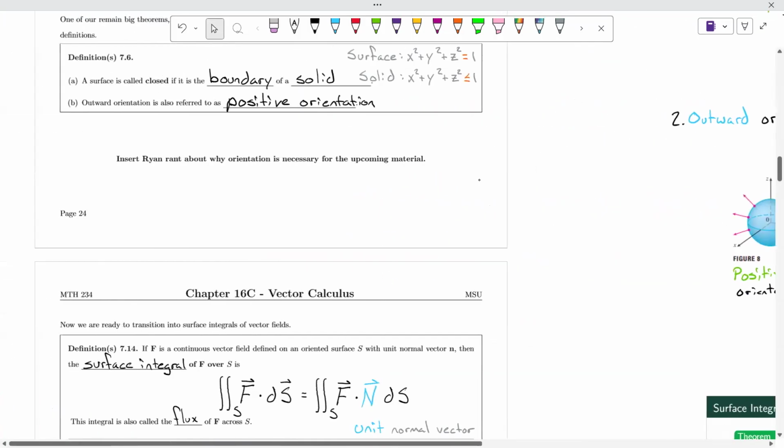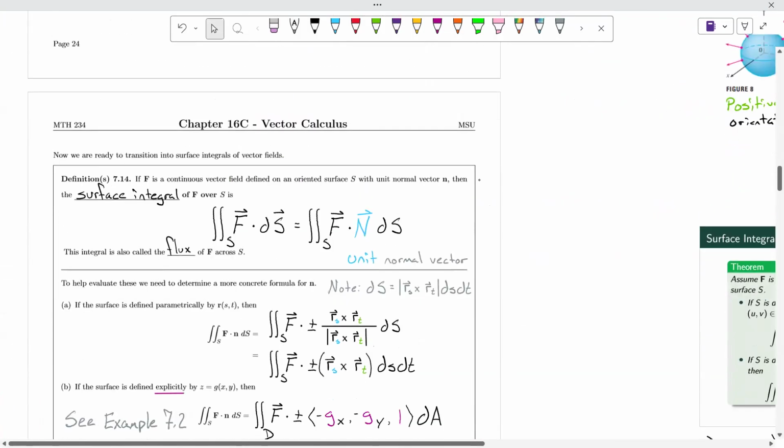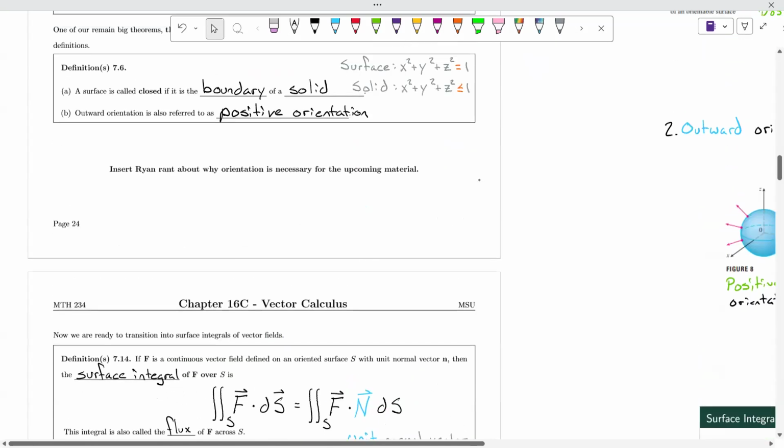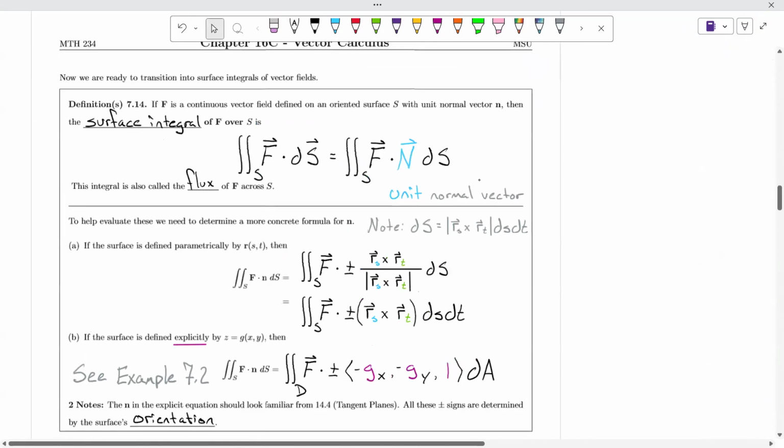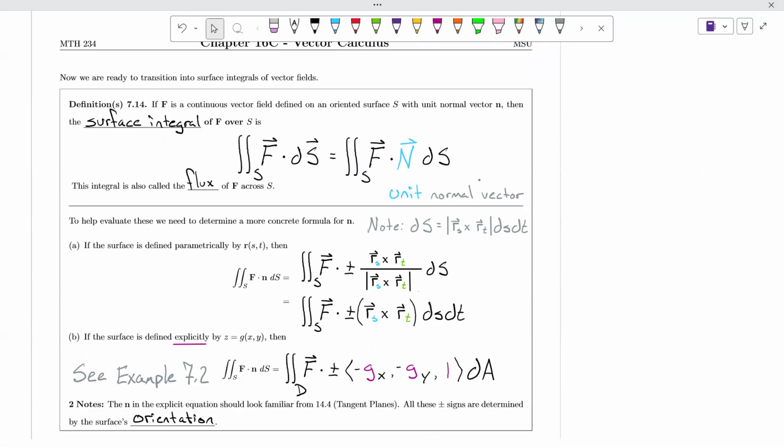So we need to find a bunch of normal vectors in order to orient our surfaces, which is convenient because that's exactly what we need for a surface integral. If we've got the surface integral of a vector field, dS changes to a vector quantity to match the fact that it needs to be dotted into a field, which oftentimes gets written as F dot N times the dS that we had already calculated.